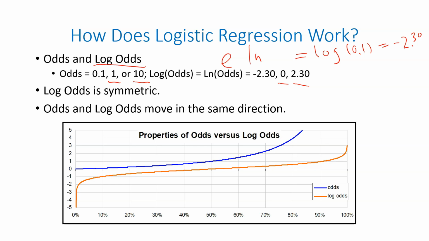Now let's examine the properties of log odds. This diagram plots odds and the log odds against all possible probability values. The blue curve shows the odds, whereas the red curve shows the log odds.